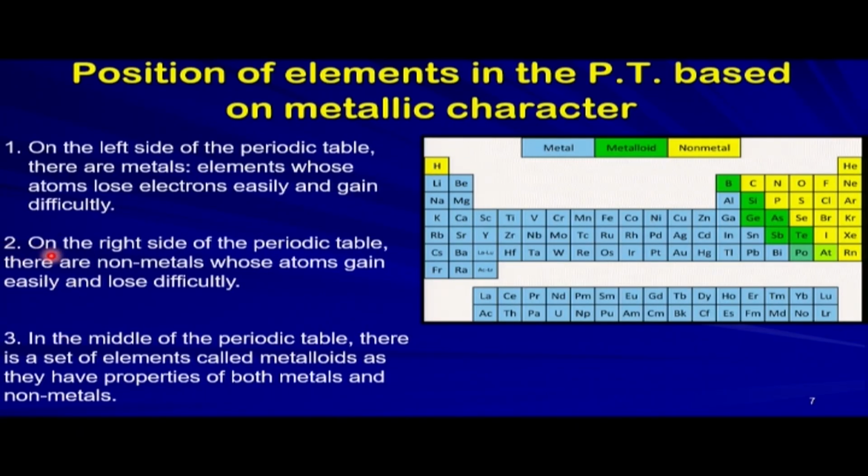Secondly, on the right side, we have elements which are non-metals, and they will always lose electrons very difficultly, while they gain very easily. In the middle of the periodic table, there is this set of the metalloids, and I said they are called metalloids because they have properties of both metals and non-metals.